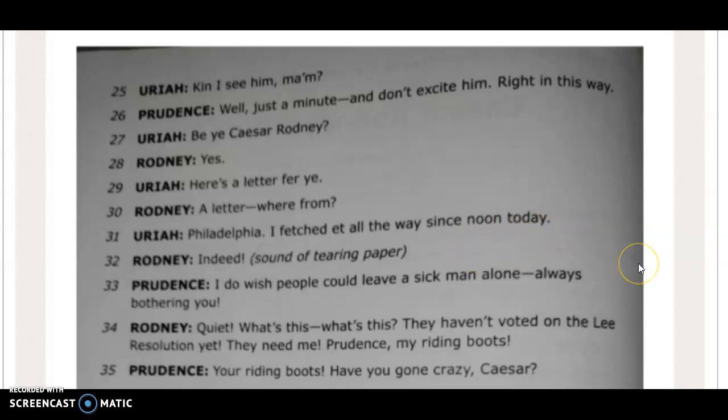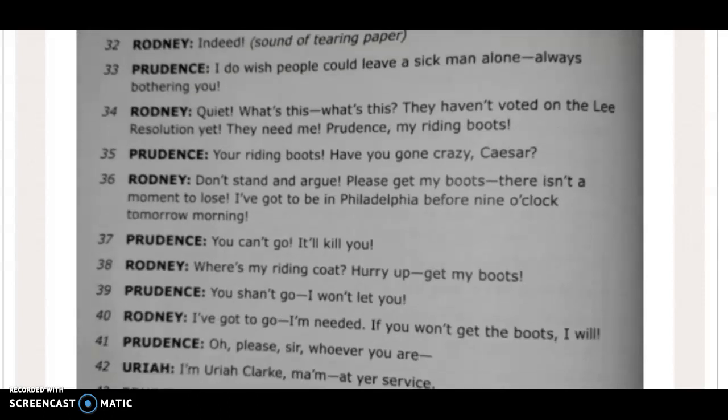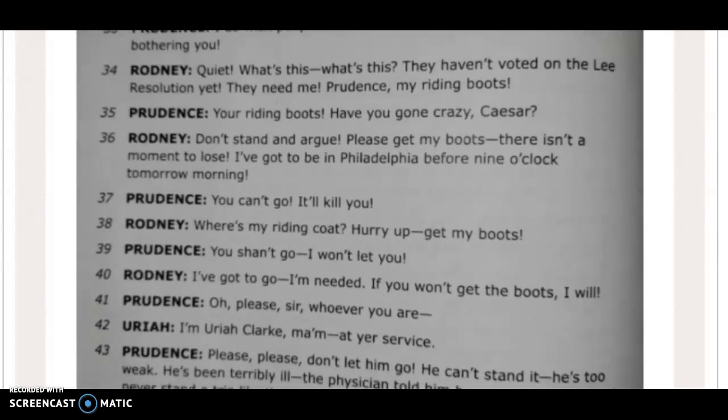Indeed. Oh, I do wish people could leave a sick man alone, always bothering you. Quiet. What's this? They haven't voted on the Lee resolution yet? They need me? Prudence, my riding boots. Your riding boots? Have you gone crazy, Caesar? Don't stand and argue.